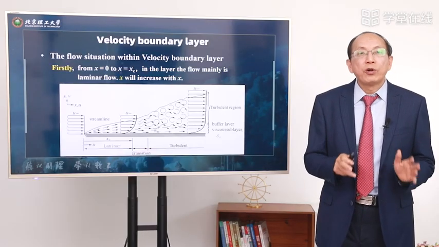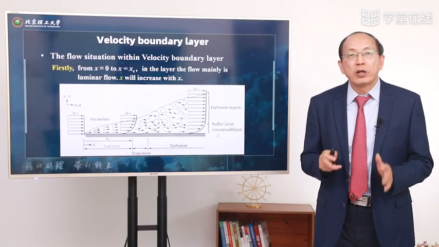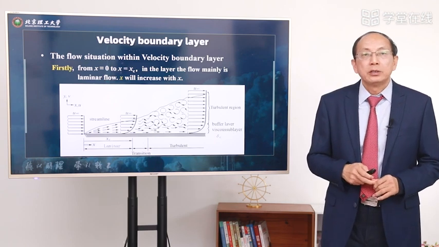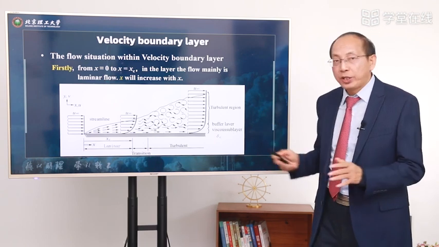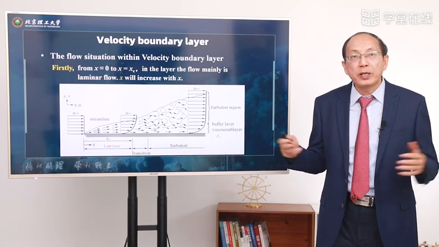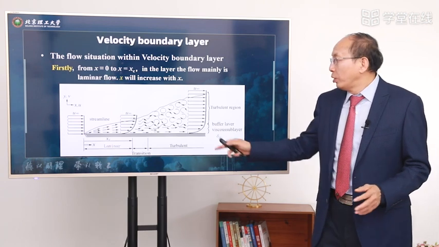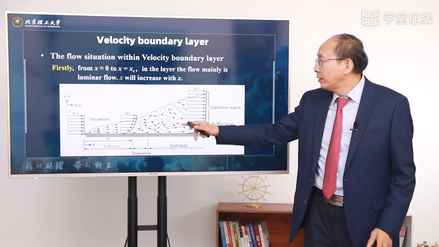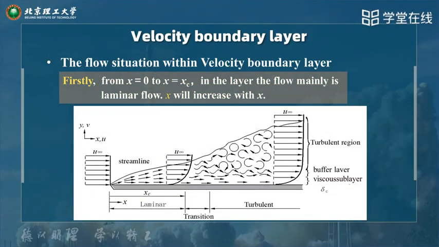Also, the flow situation within the velocity boundary layer has a very big change. In the first part, from x equals 0 to xc, in most cases the flow is laminar.